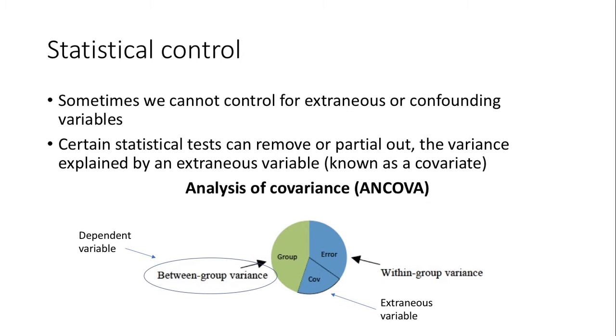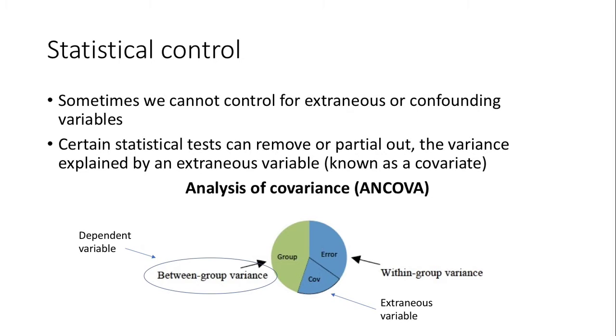Statistical control is another method that's used because sometimes we just cannot control for some extraneous or confounding variable. And so certain statistical tests that we will talk about later in this course can remove or partial out what we call the variance explained by an extraneous variable. And this is what we call a covariate.